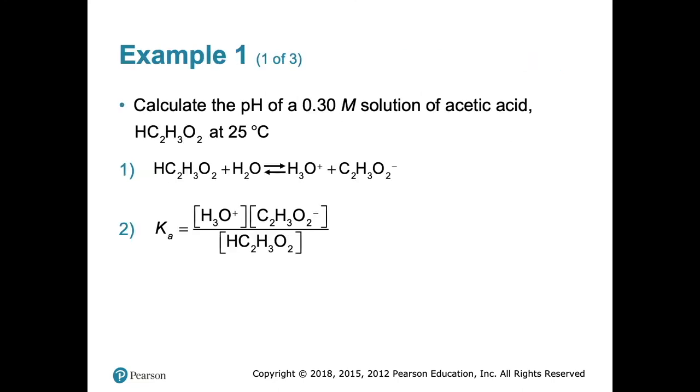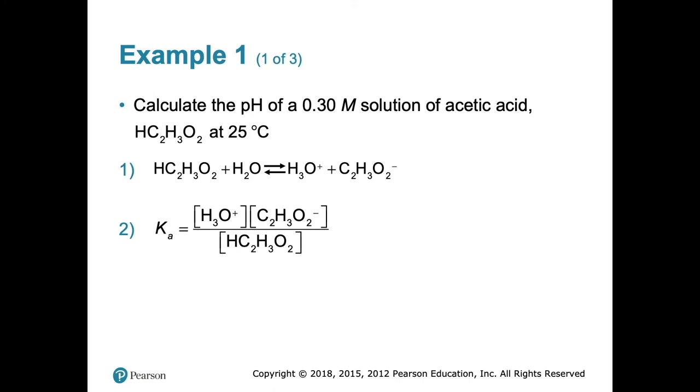So here's the example, okay? I have acetic acid here. I want you to calculate the pH of a 0.3 molar solution of acetic acid, and it says at 25 degrees. Do you need that number? No, you do not need 25 degrees. So don't freak out when you have a leftover number.